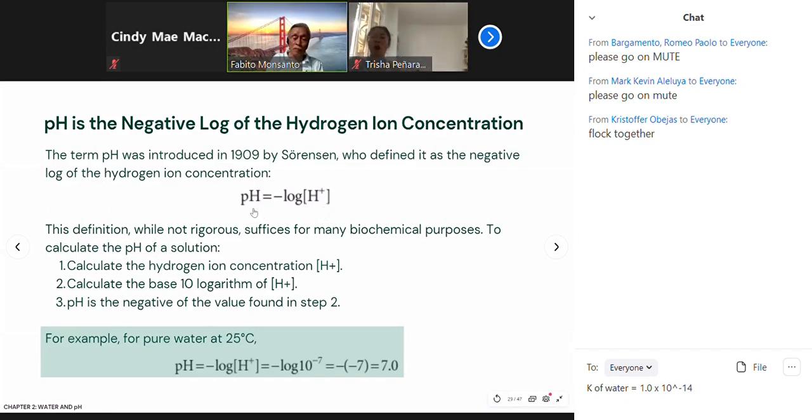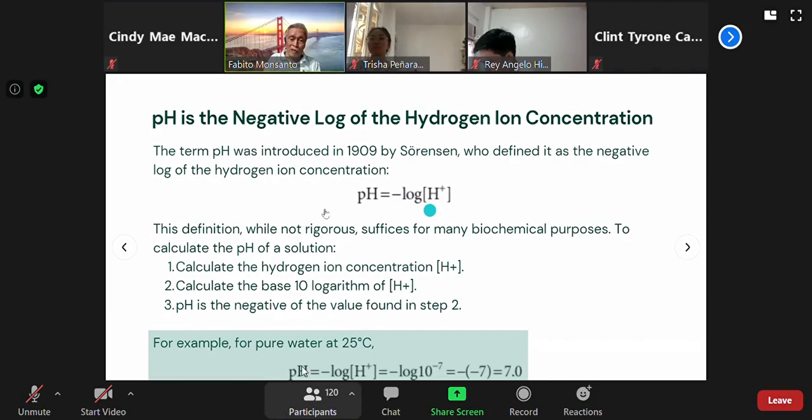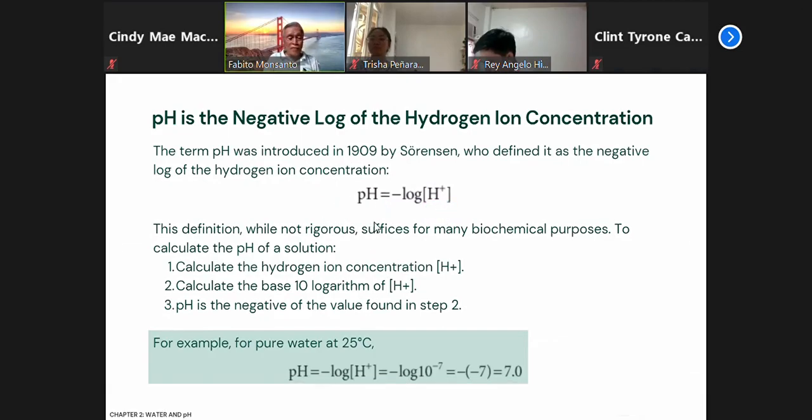Now, however, at this point of time, we will not be measuring the pH, because when you are already in your clinical years, you will be asked for the pH of the plasma of your patient and how to correct that pH by the use of buffers.